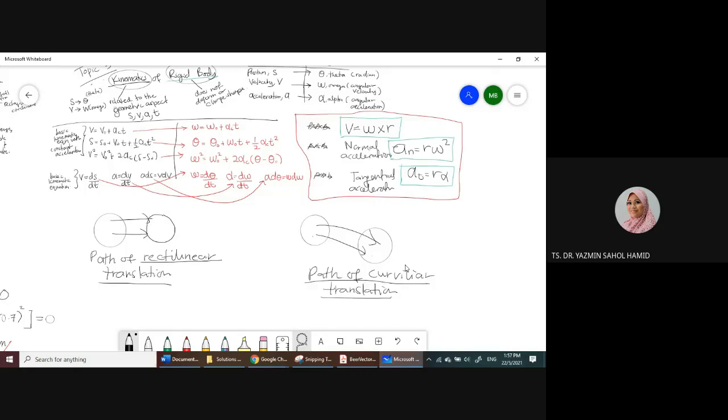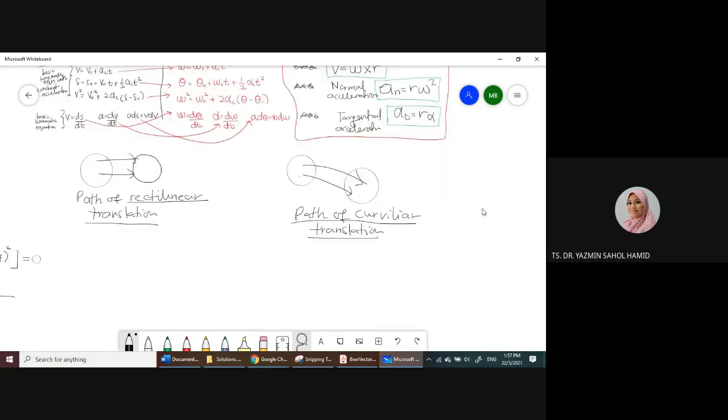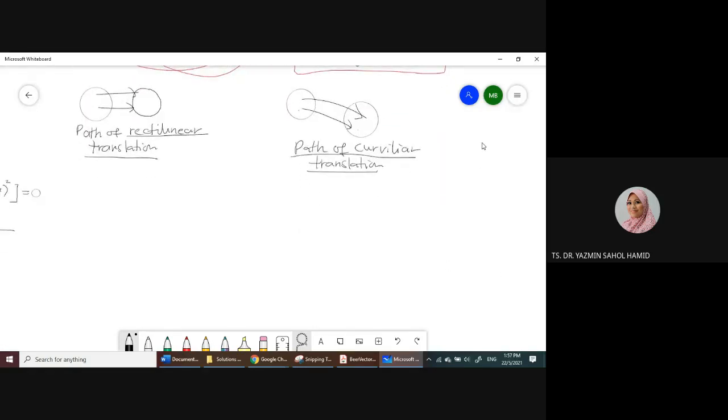This is similar to what we learned in the earlier topic. These terms you should be familiar with because we already learned them. Do you remember what is rectilinear? Moving in a straight line. And do you understand what translation means? Translation means the original rigid body remains parallel to the movement.